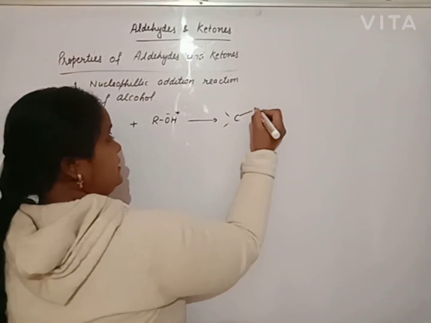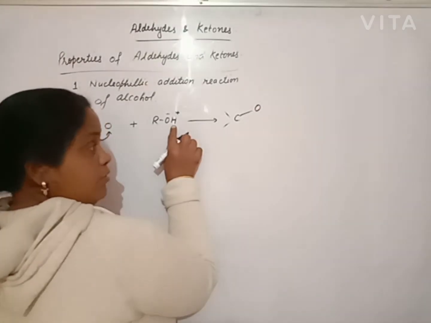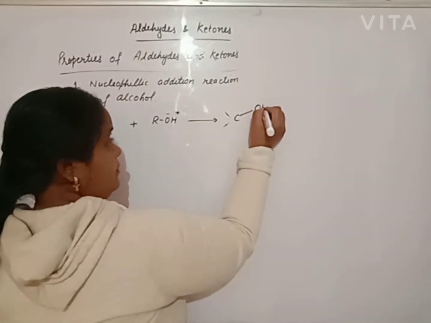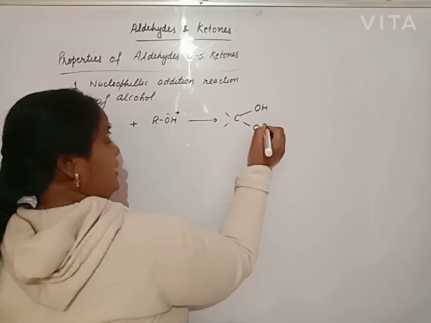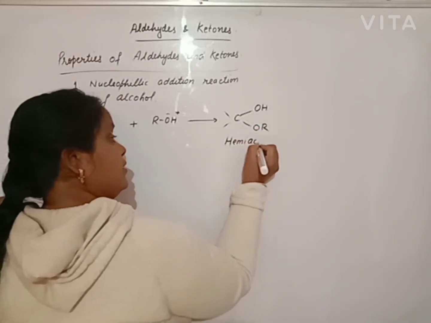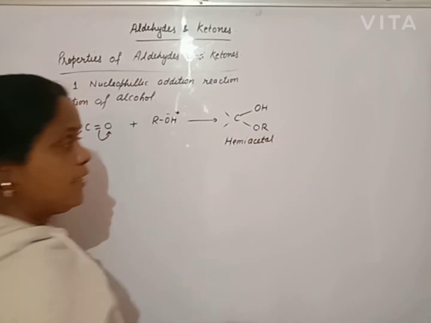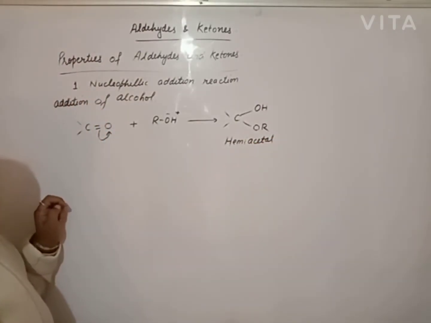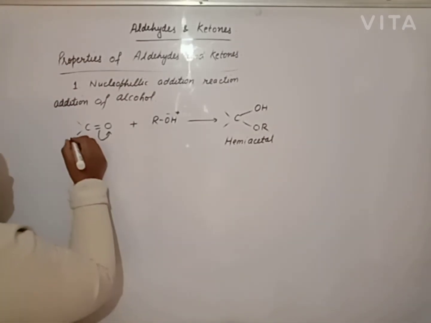Oxygen is negatively charged, so the positively charged part of the alcohol, that is hydrogen, combines with it, and the remaining OR is attached here. It is known as a hemiacetal. Addition of alcohol to an aldehyde gives a hemiacetal.